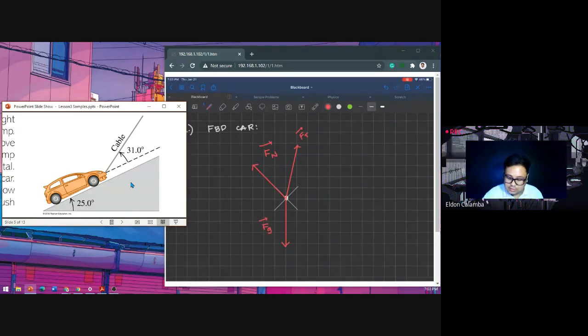As you can see, FT and FG are not along X and Y, so we decompose. This is 31 degrees and this is 25 degrees. So we have FTX, and then we have FTY, we have FGY, and we have FGX.